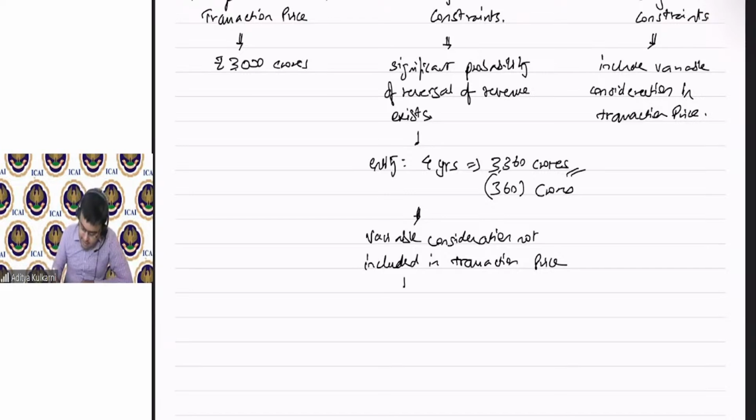So what are the natures of subjected to constraints? First one, limited experience.